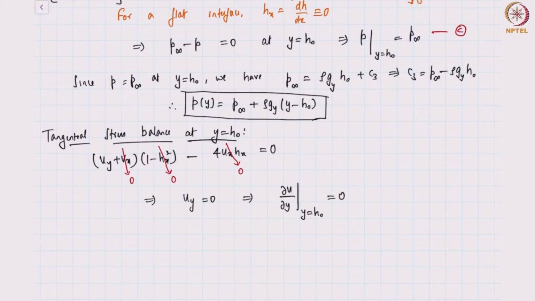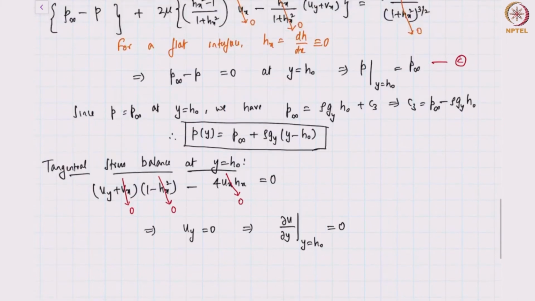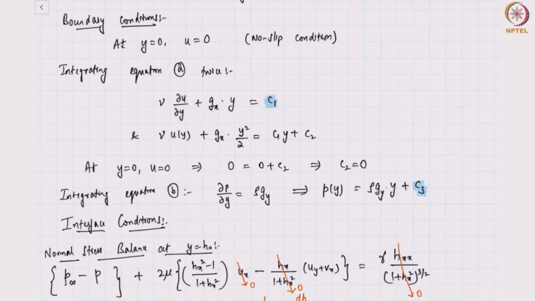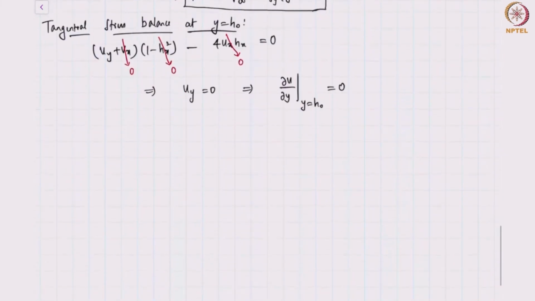So now I've got the boundary condition for velocity at y equals h naught. I can look at the constant C1 now, determining the constant C1.